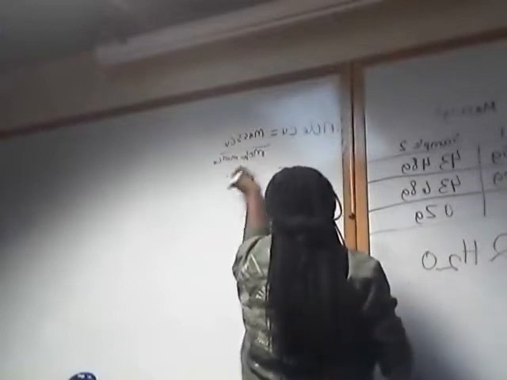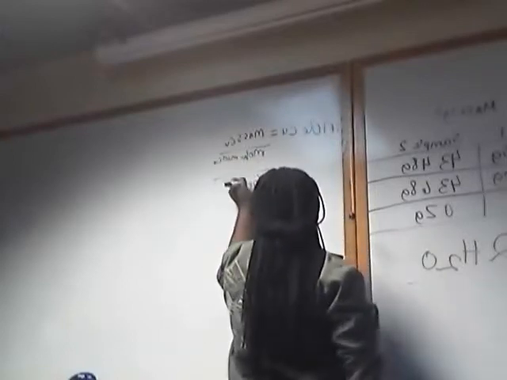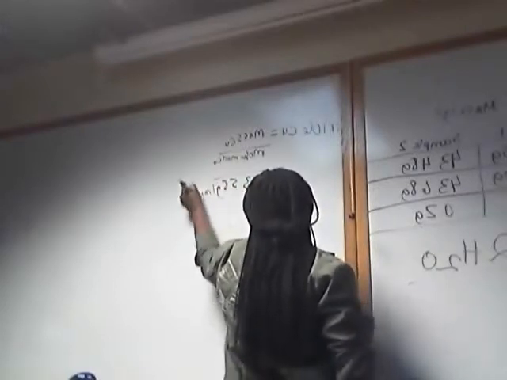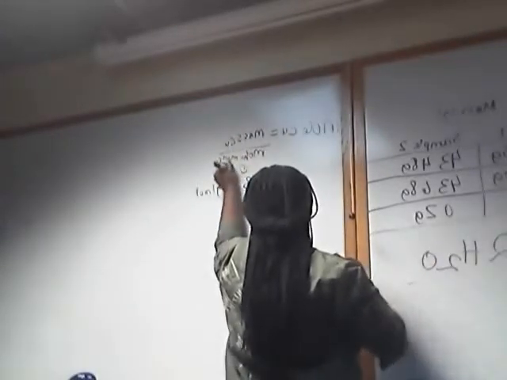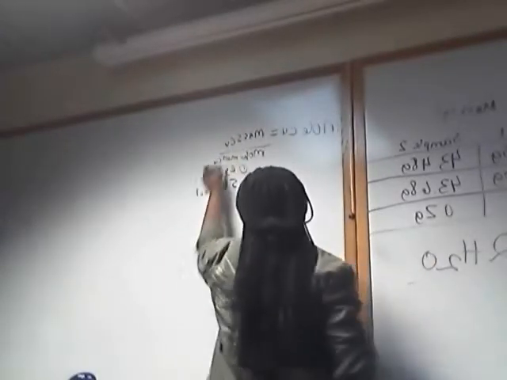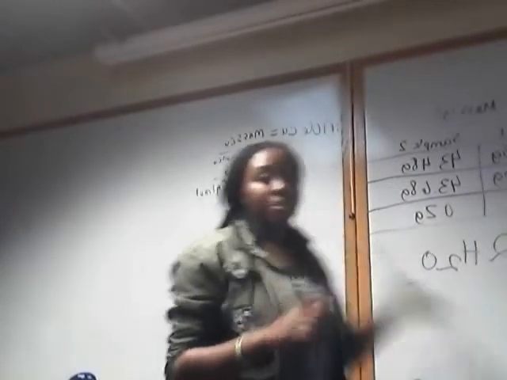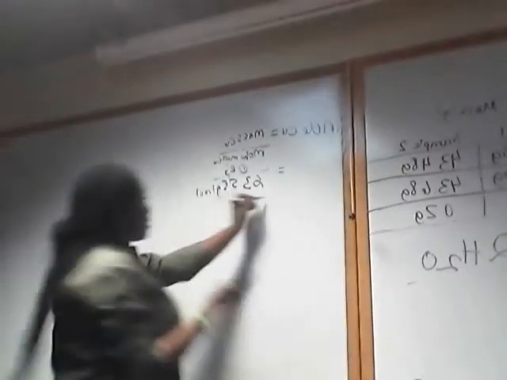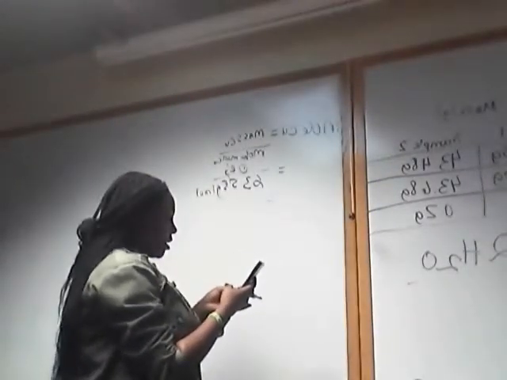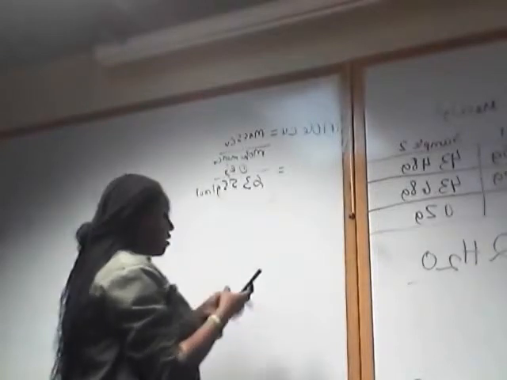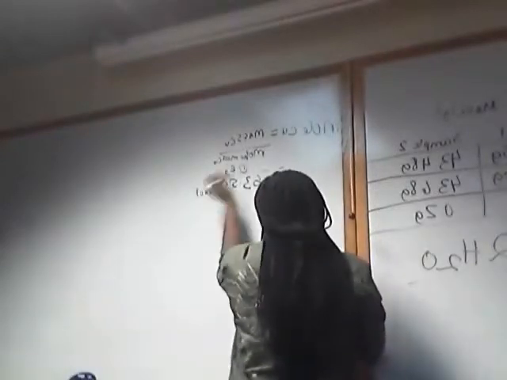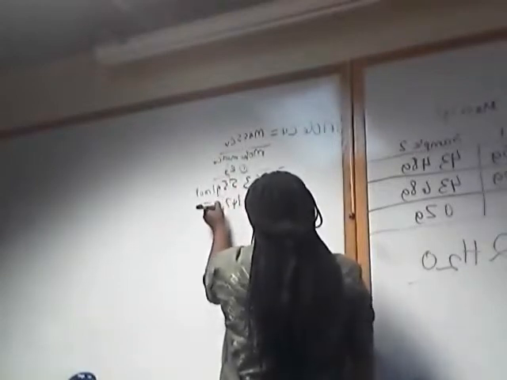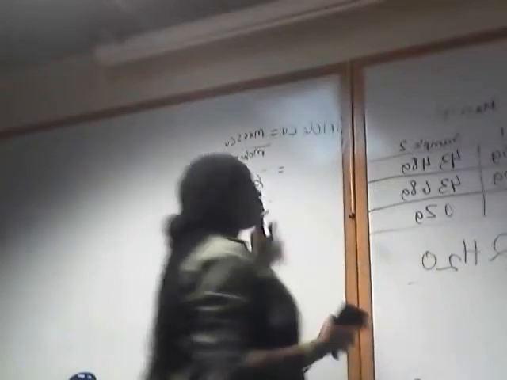The molar mass of copper from the periodic table is 63.55 grams per mole, and the mass we got here was 0.2 grams. So the grams cancel out, and using your calculator, 0.2 divided by 63.55, you get the mole of copper to be 3.147 approximately.